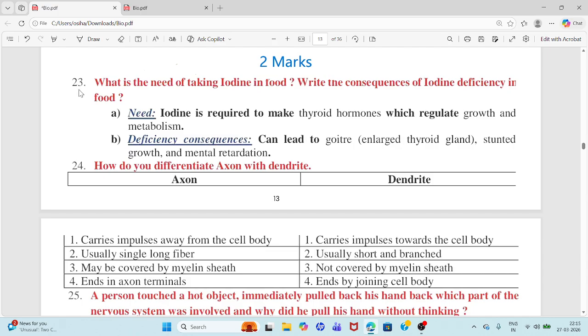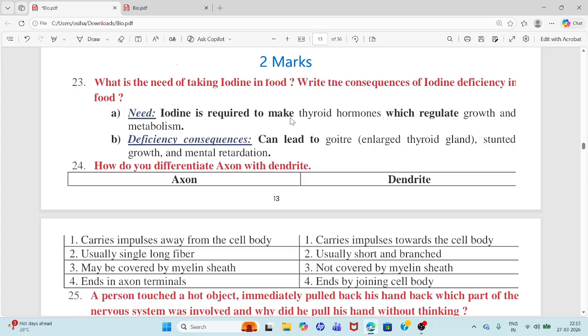2 marks questions from this chapter. Question 23. What is the need of taking iodine in food? Write the consequences of iodine deficiency in food. Need, deficiency consequences. First, need.